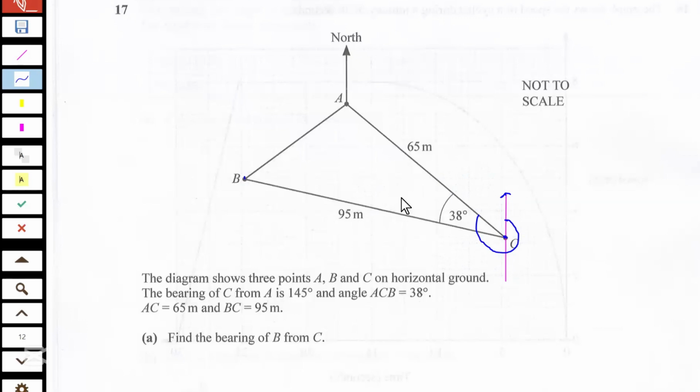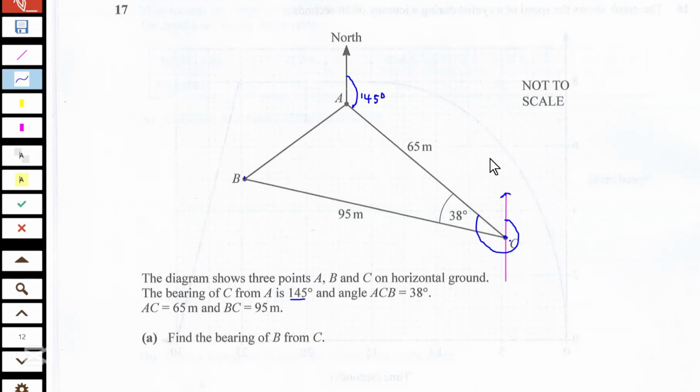Now, we're also told that the bearing of C from A is 145 degrees. So the bearing of C from A, which is this, is 145 degrees. Okay, so we can apply the properties of parallel lines.